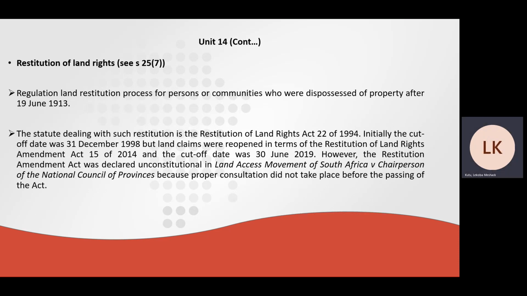Now, the third category of land reform is land restitution reform. Here, in simple terms, we're talking about the land claim. So this one is regulating the land restitution process for people or communities that were dispossessed of their land after June 1913.